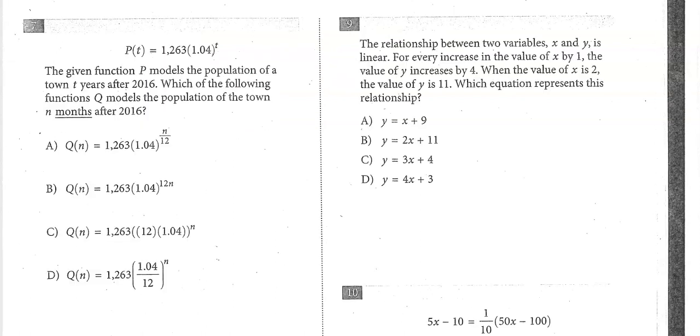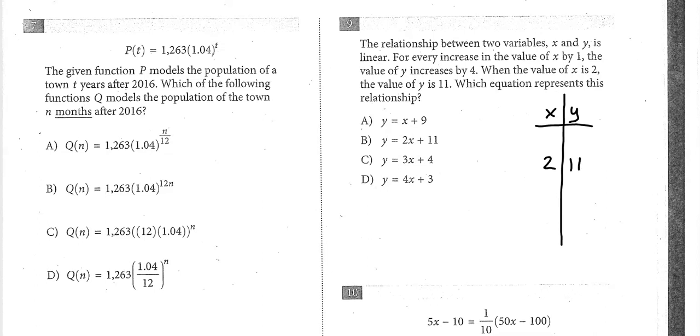Number 9, the relationship between two variables x and y is linear. For every increase in the value of x by 1, y increases by 4. All right, so on this one, you could basically make a table. And it says when the value of x is 2, then the value of y is 11. So they give me a point.